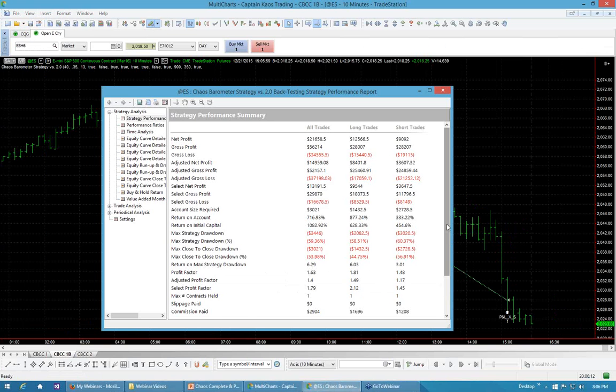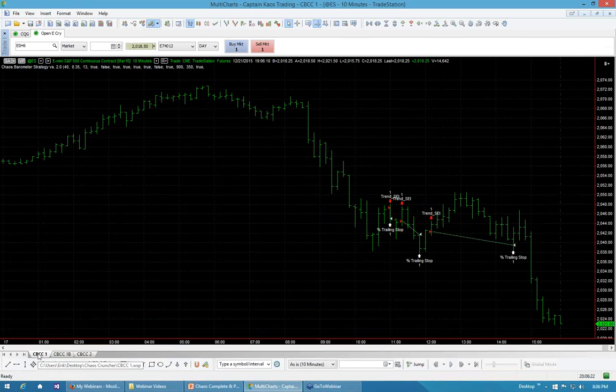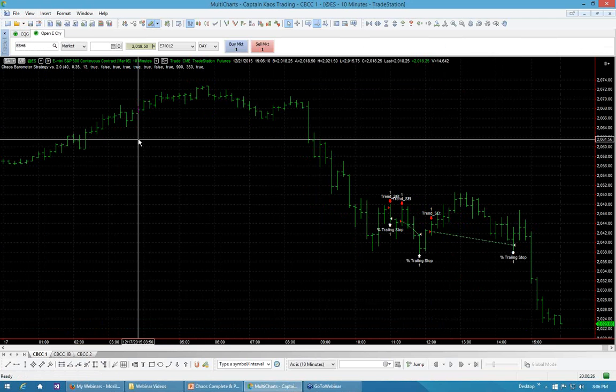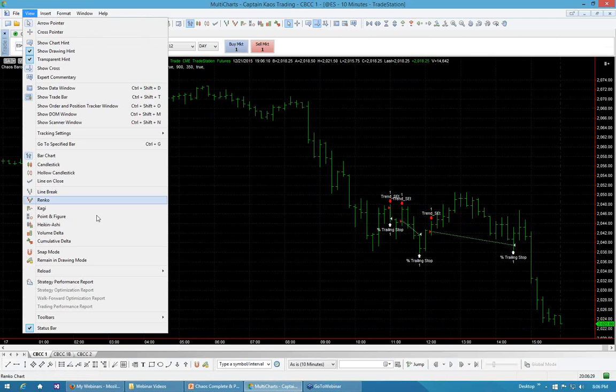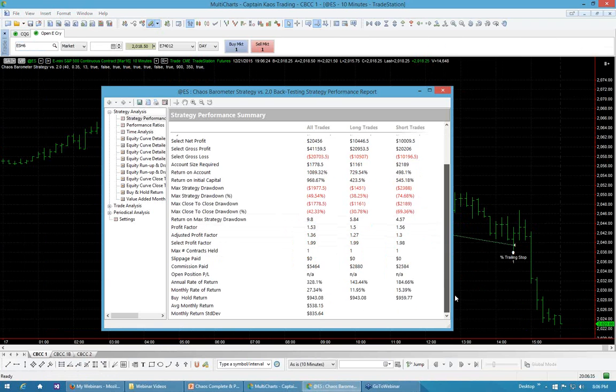Let's see, here we're looking at this particular one, the big game hunter one. We're looking at a return of 366.8% annual rate of return. And then this other one here, which is more conservative, let's take a look at that. We have an annual rate of return of 328.1%.